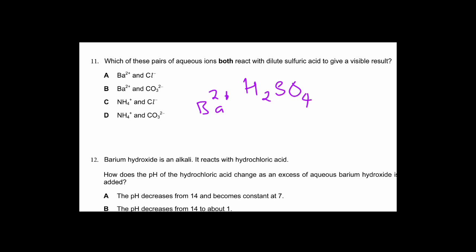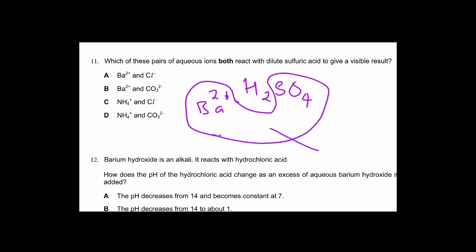So in this case, we are going to have barium sulfate, which is an insoluble salt, being formed. So we are going to observe a white precipitate. This will be visible. A chloride is not possible, this is not the answer. We cannot react a chloride with sulfuric acid to form a visible result.